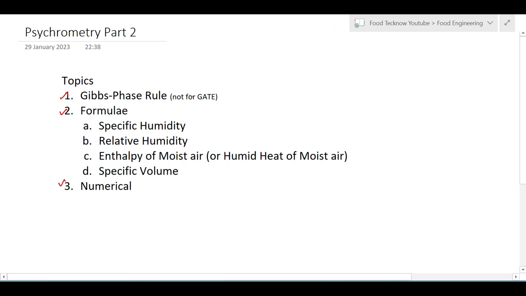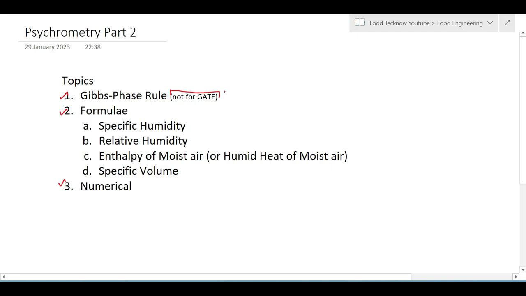So the Gibbs phase rule is not important for the GATE exam, but I will try to give you some idea of how many parameters are required to understand any thermodynamic system, right? So let's see it.